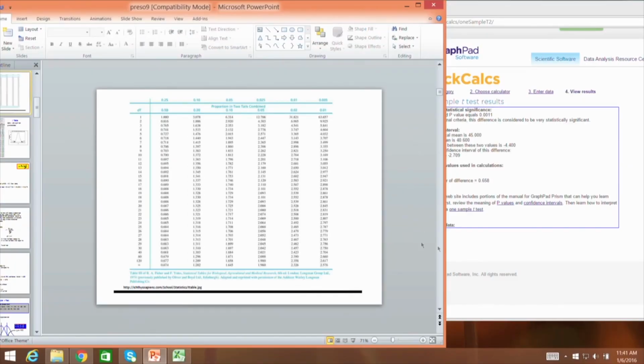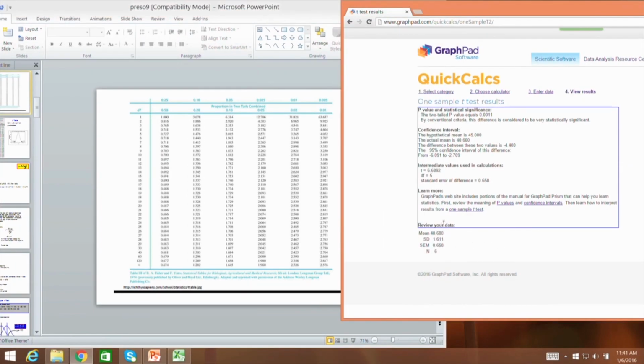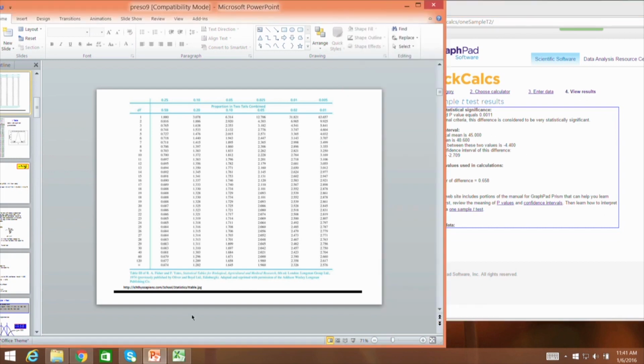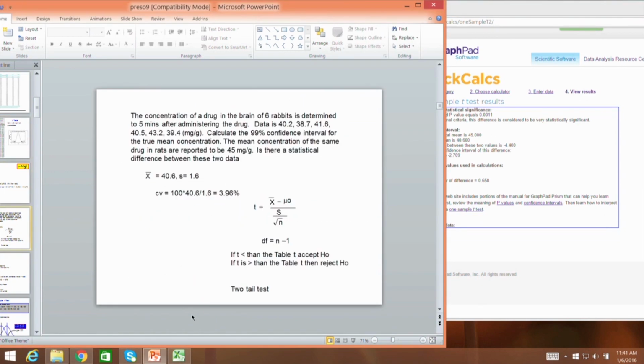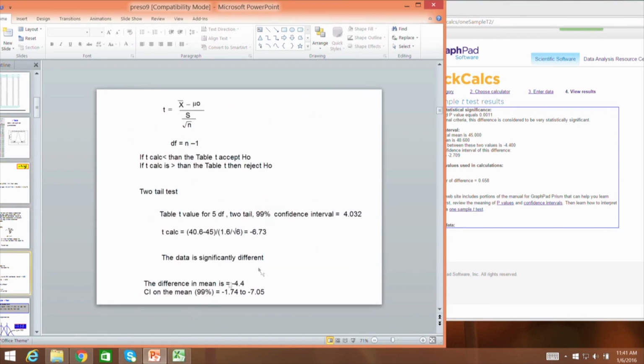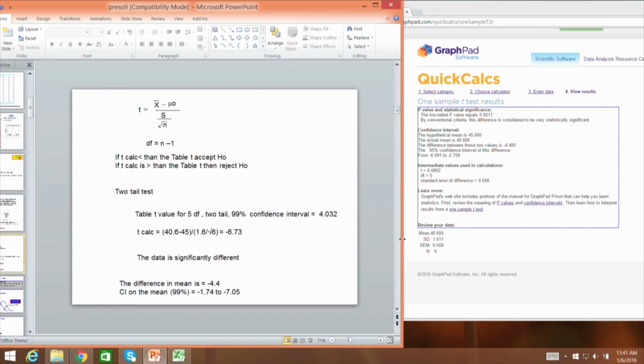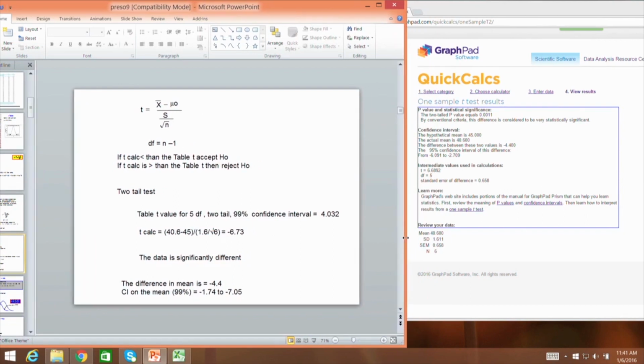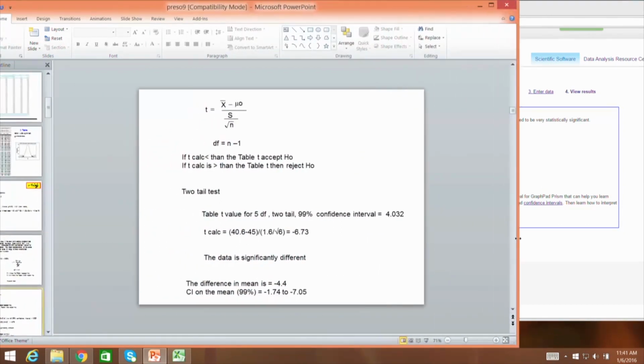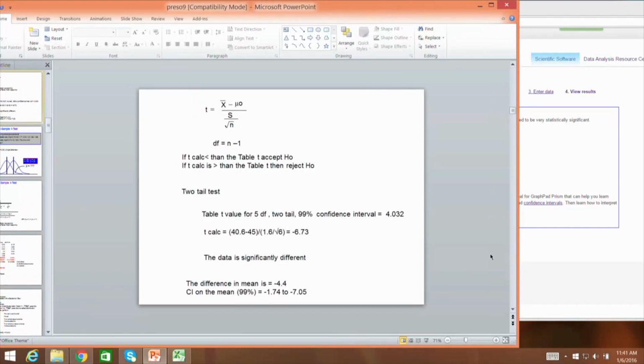Your t value which you calculate is quite high here, 6.692. So, obviously that number is much higher than the table t, whether it is at 95% or at 99%.